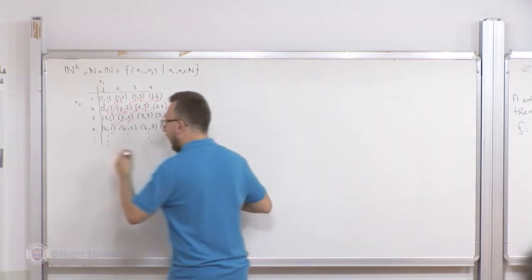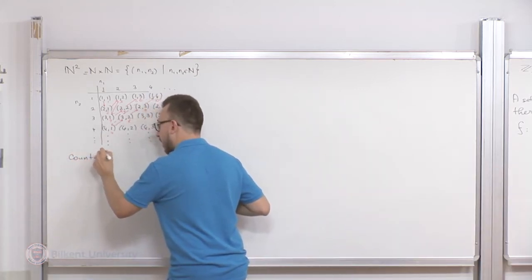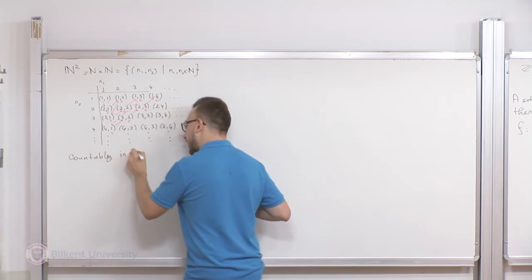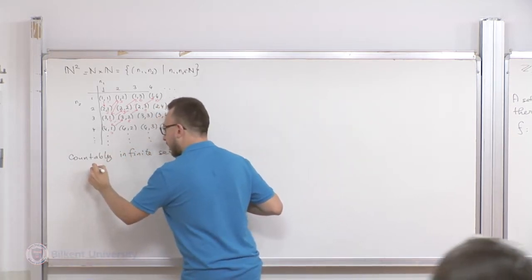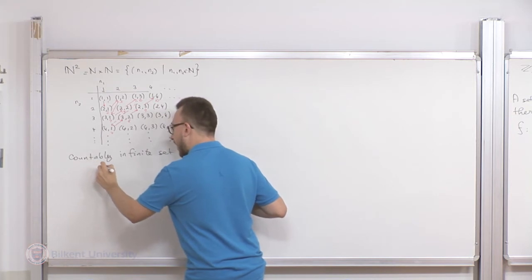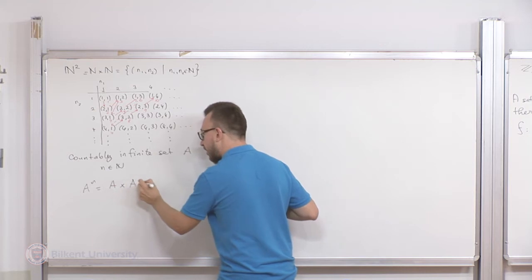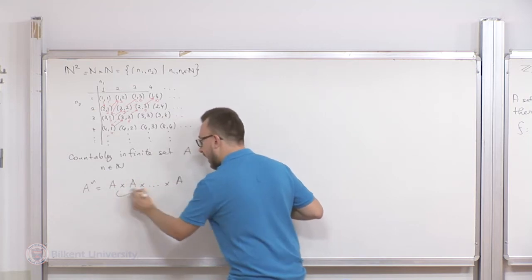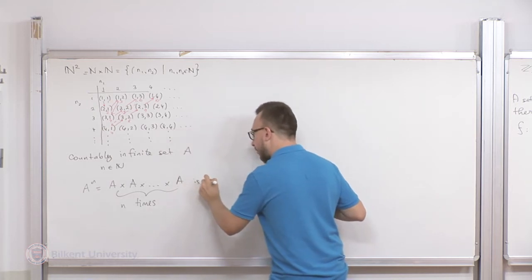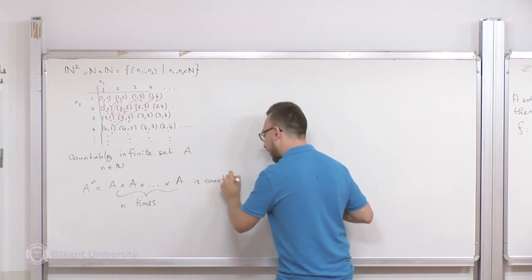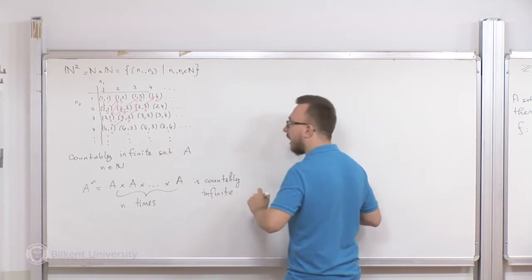And similarly, if you have a countably infinite set A and a natural number n, A to the n, which is like A cross dot dot dot A, n times, is countably infinite. You can check this in a similar way.